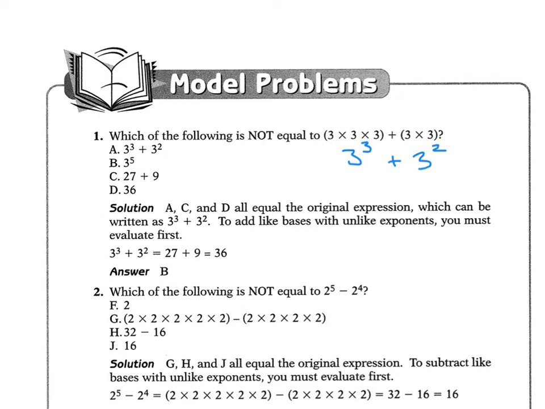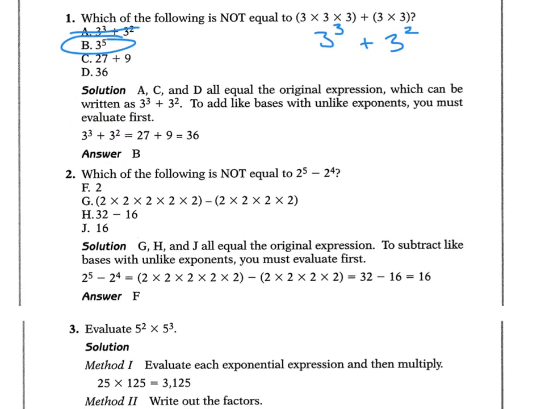And since we're adding them, we cannot combine them. So we know we can write it as this, and we just said since we're adding them, we can't combine it unless we evaluate it first. So it would not be equal to b, because b combines them before evaluating.